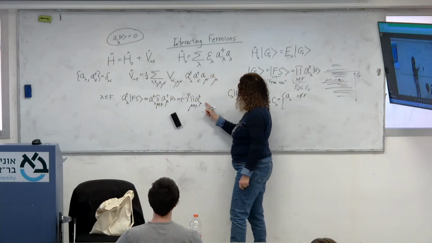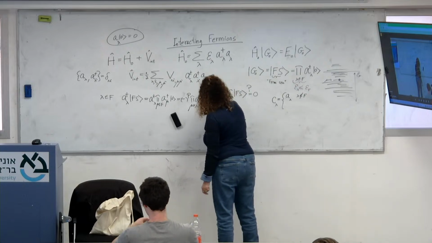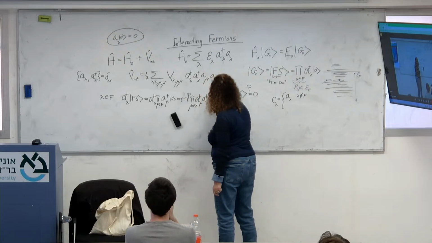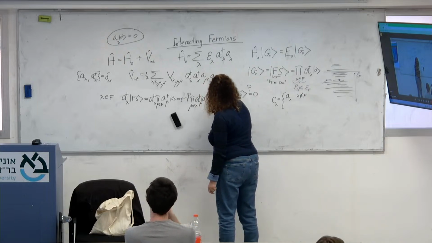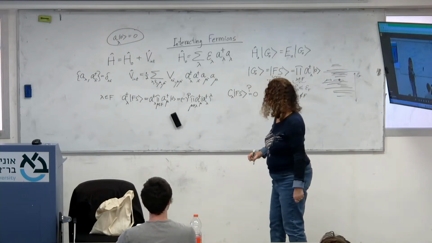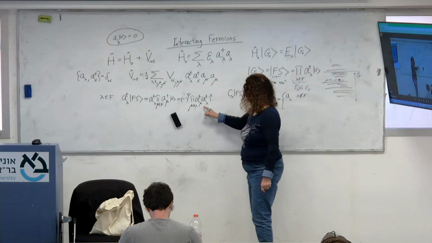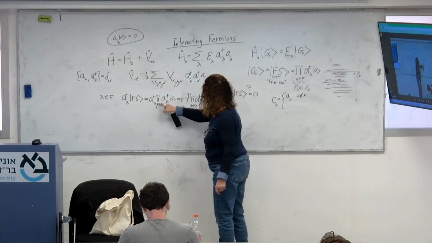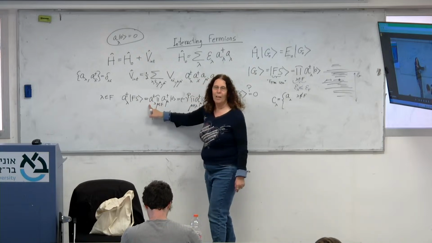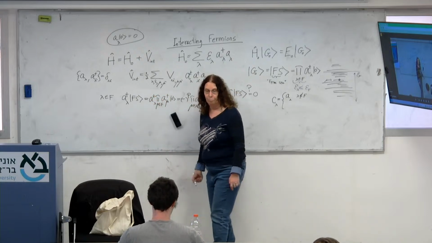Now I'm left with a dagger lambda acting on, and it's squared because I single out the a dagger lambda out of this product, and I apply a lambda dagger once more.